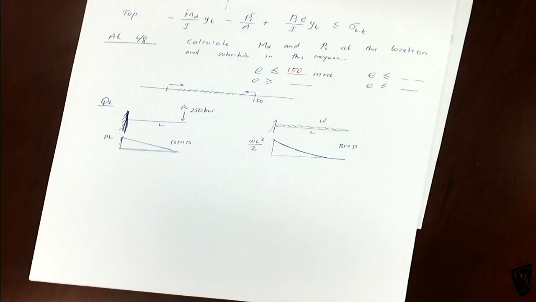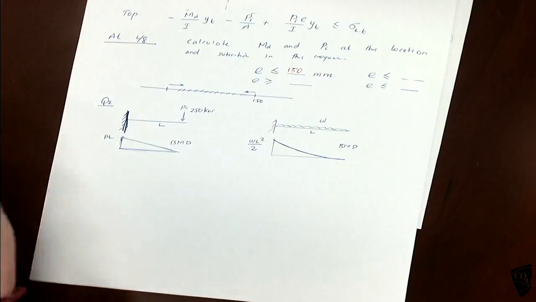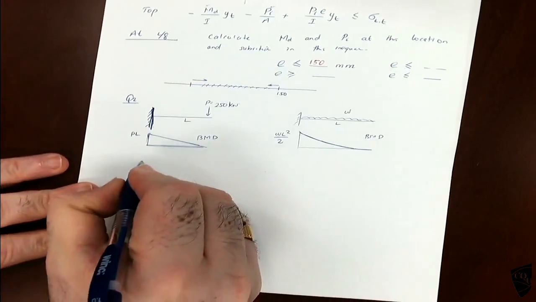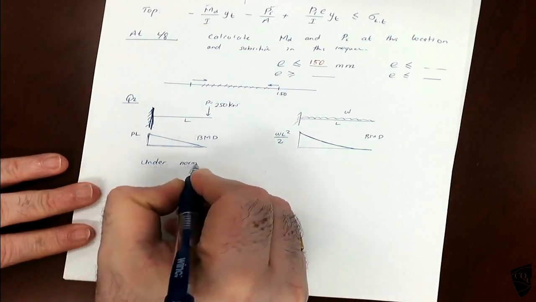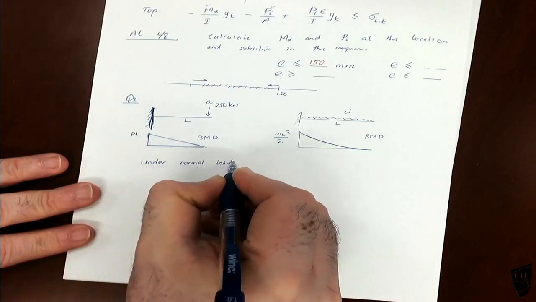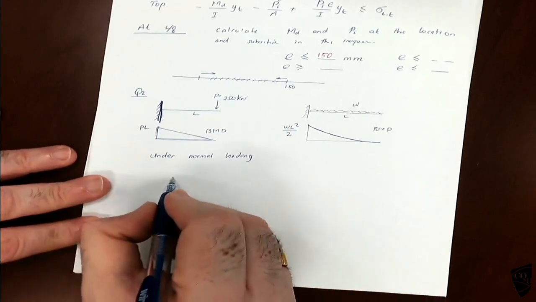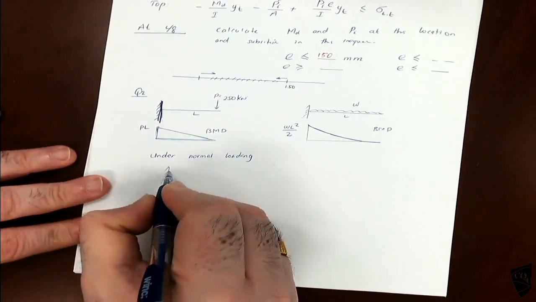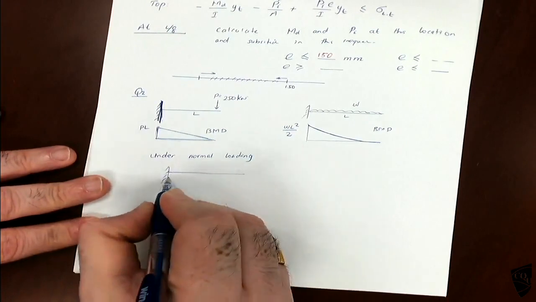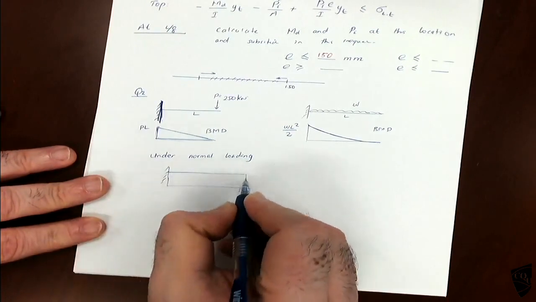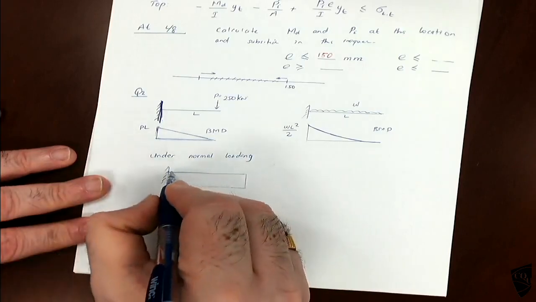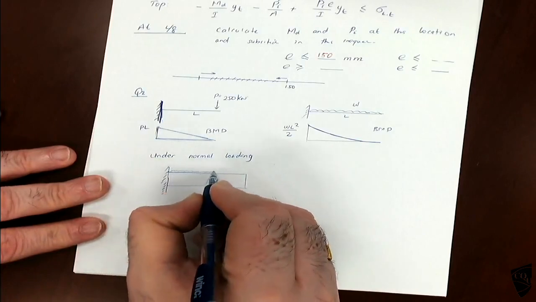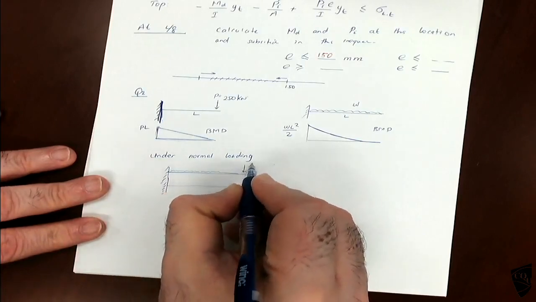Okay. So how will this beam bend? The deflected shape under the normal loadings: the beam has some self weight, and a point load.